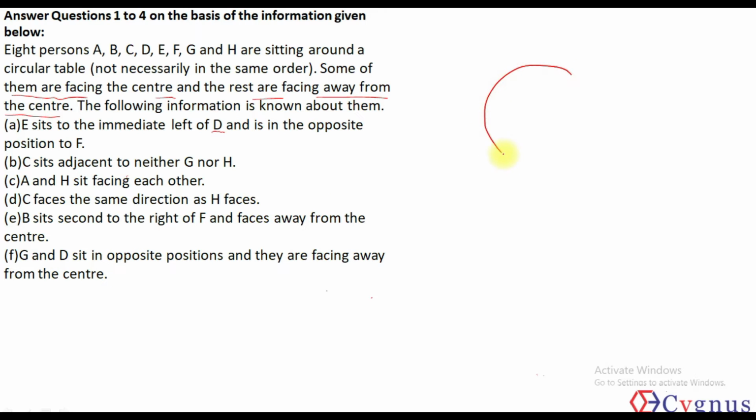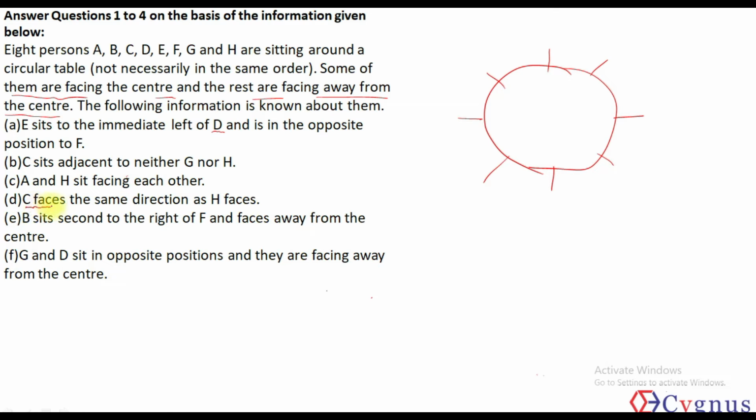So let's draw a figure here. This is a circular table, 8 people. Let's say these are the 8 seats. Fine. C faces the same direction as H. I don't know where H is facing. A and H are sitting facing each other, so H is definitely facing towards the center.